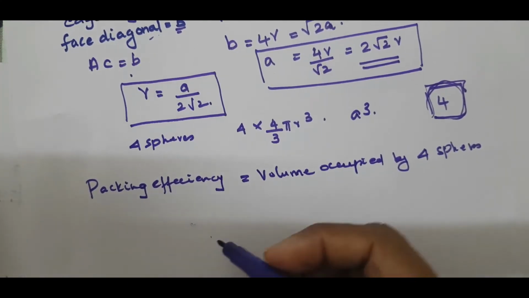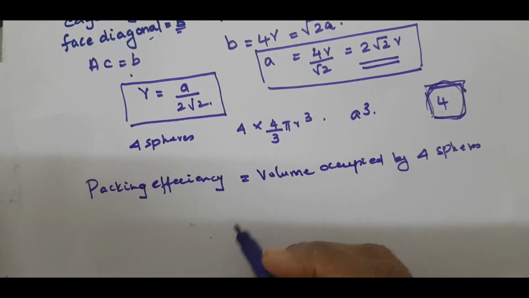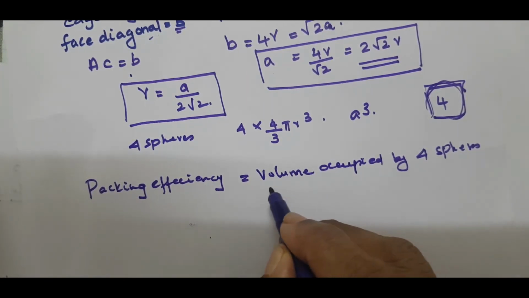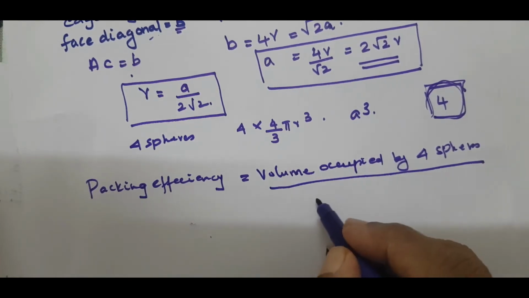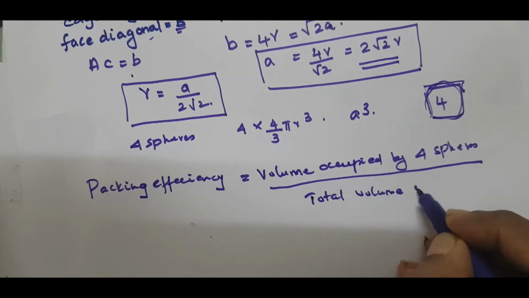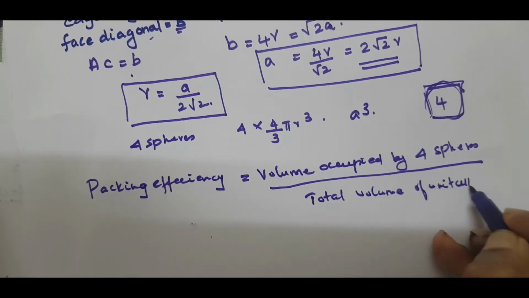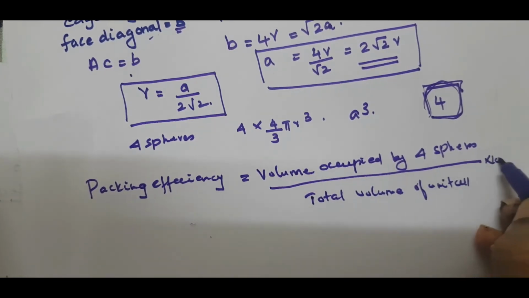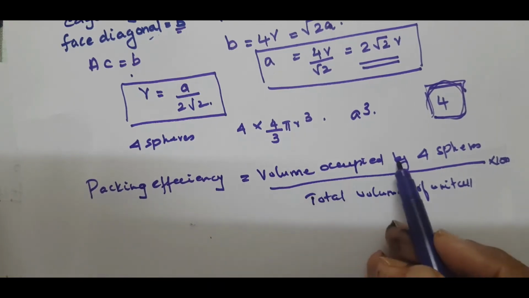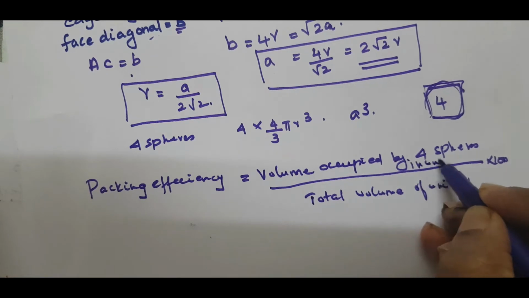In CCP, cubic close packing, it is an FCC lattice. So the packing efficiency is the volume occupied by the 4 spheres in the unit cell divided by the total volume of the unit cell, into 100. Clear?